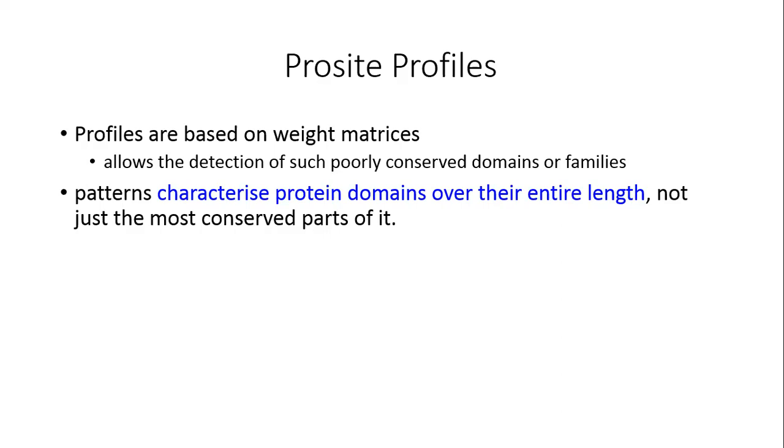Since we are classifying the protein sequences on the basis of weight matrices in place of the actual pattern or motif of these sequences, it allows you to detect some poorly conserved domains or families which are well scattered across numerous genera or numerous species.